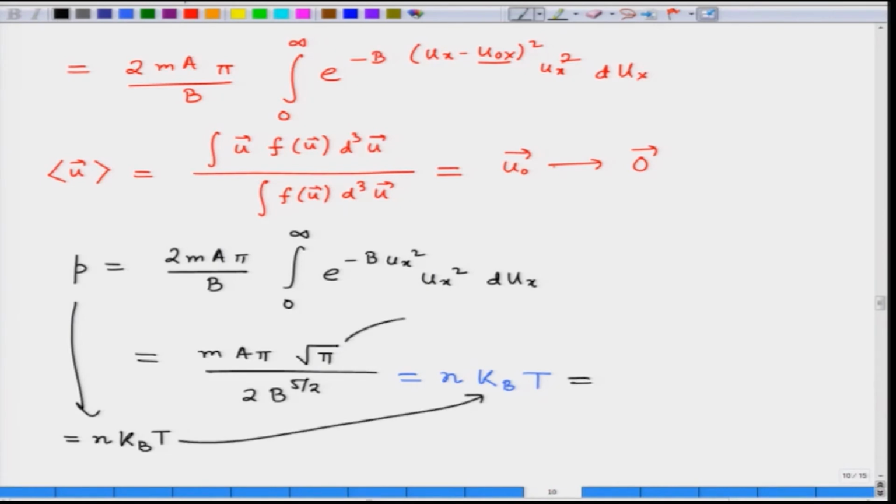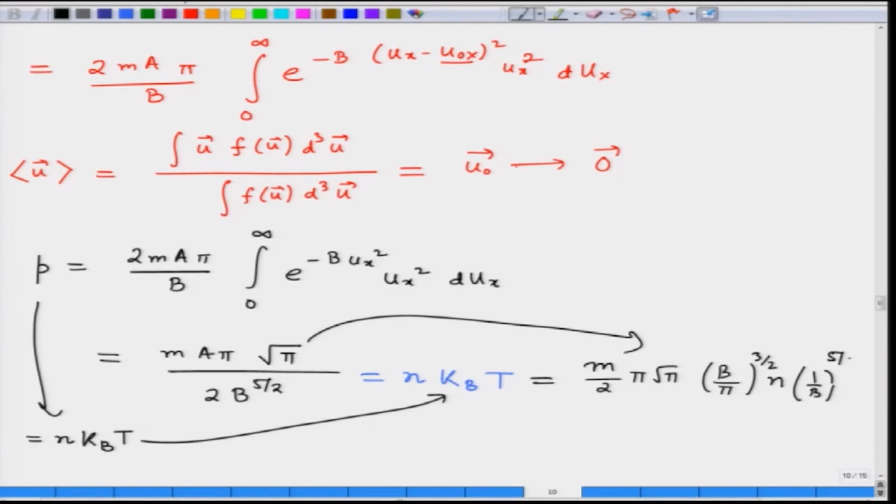That will be m by 2 pi root pi b by pi 3 by 2 n, that is A, times 1 by b to the 5 by 2. If you do this simplification, you can see you have a very elegant result. B is equal to m by 2 kBT.